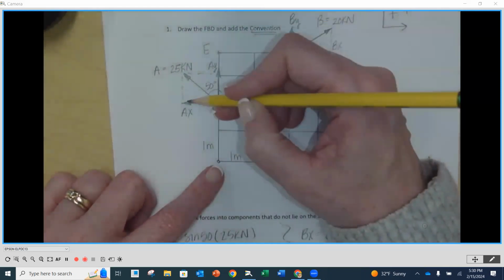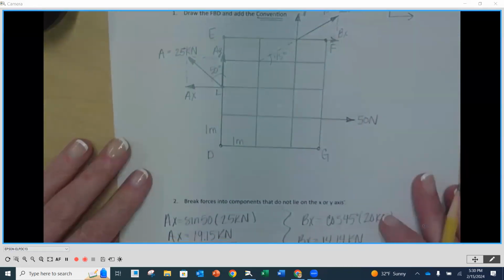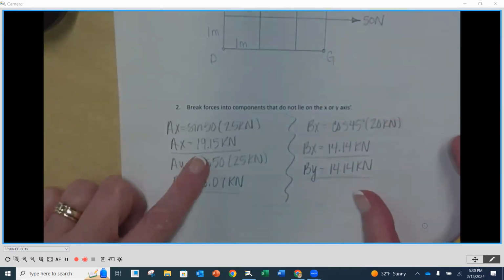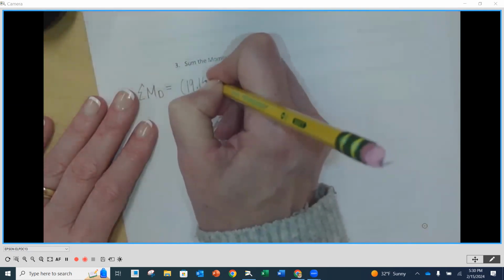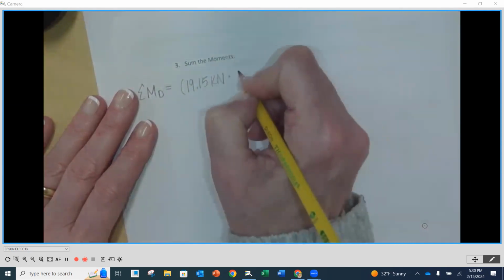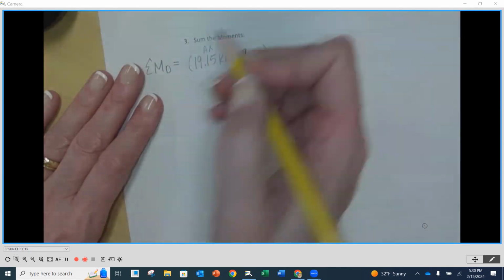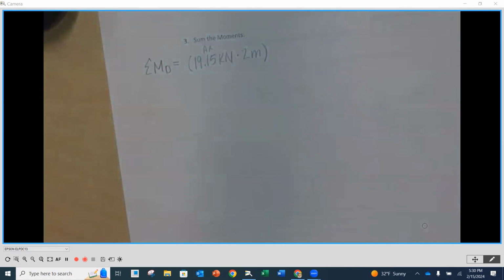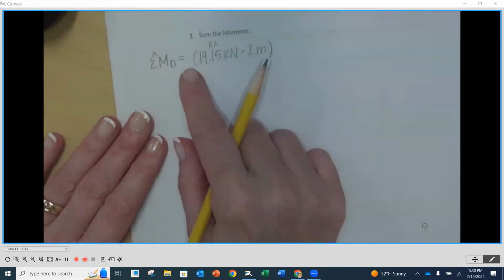So we're going to take the magnitude of our AX and multiply it by 2 meters. Looking down here, our AX is 19.15 kilonewtons. So going on the other side, 19.15 kilonewtons times 2 meters. I'm going to call this AX, you don't have to label those, but just for a point of reference, times its perpendicular distance. Now out front, I need to give it a sign.